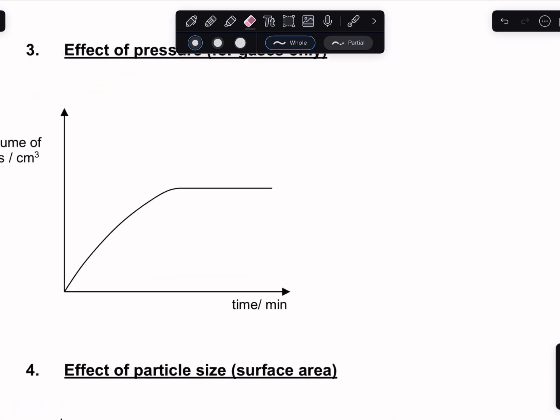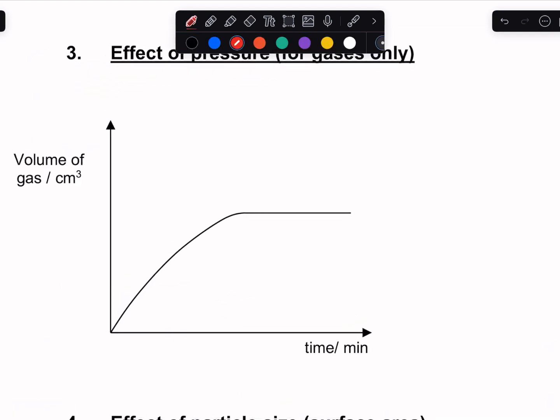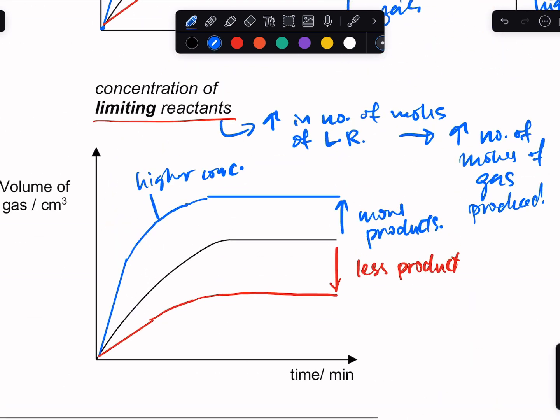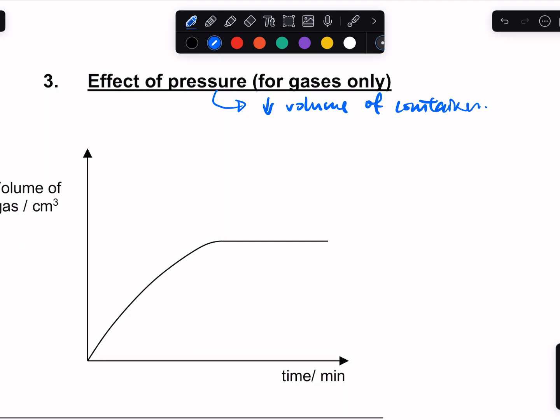Effect of pressure is the same as concentration. In this case, we want to see that when pressure increases, it depends on how you increase pressure. We assume that you increase pressure by reducing the volume of the container. If you increase pressure by adding more moles of reacting particles, then it goes to this, is it limiting or not limiting? But we simplify it. We assume that you increase pressure by decreasing the volume of the container.